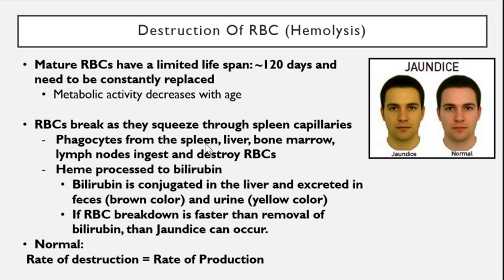So we also have hemolysis. This is the destruction of red blood cells, and this is where you get things like jaundice, right? What happens is that these red blood cells have a limited lifespan, about 4 months ish, and they need to be constantly replaced.